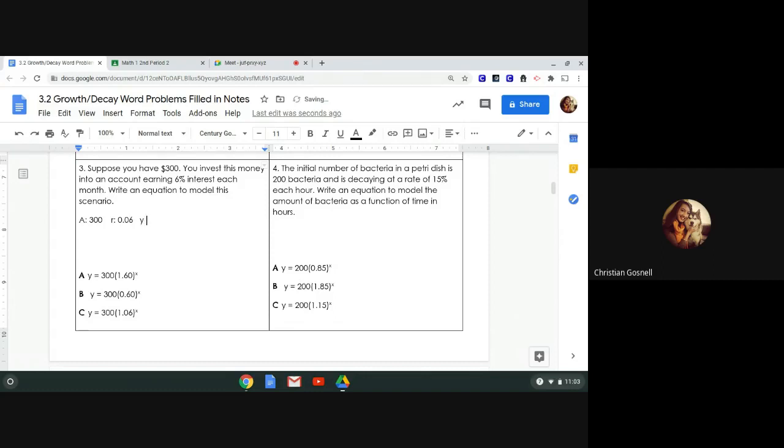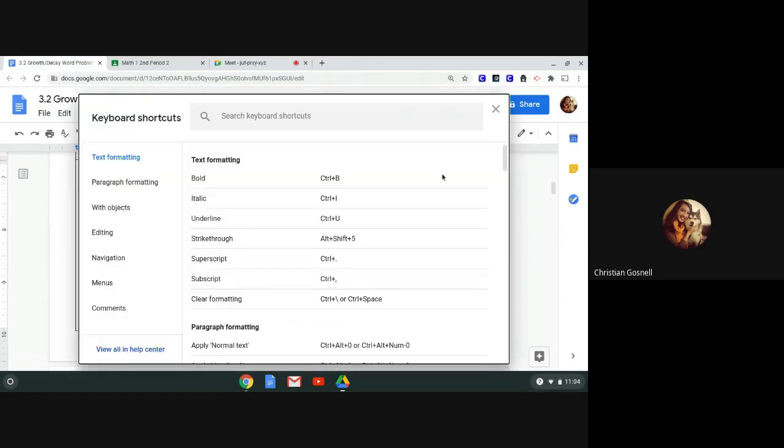We are looking at a growth function, since it says it's earning money, so we do a times 1 plus r to the power of x. Since it's growing, the value on the inside should be greater than 1, so you can definitely eliminate B. Let's plug in what we know: y equals 300 times 1 plus 0.06 to the power of x.